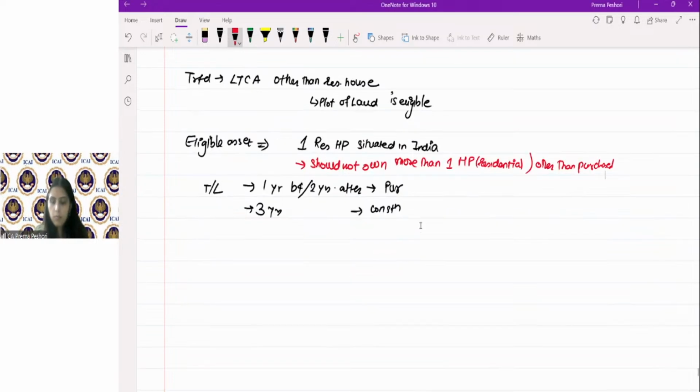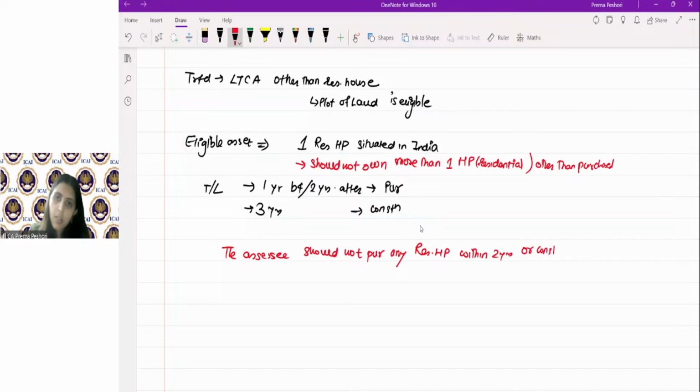So the assessee should not purchase any residential house property within 2 years or construct within 3 years from the date of transfer of the original asset.